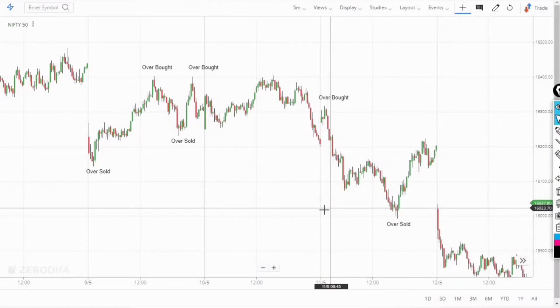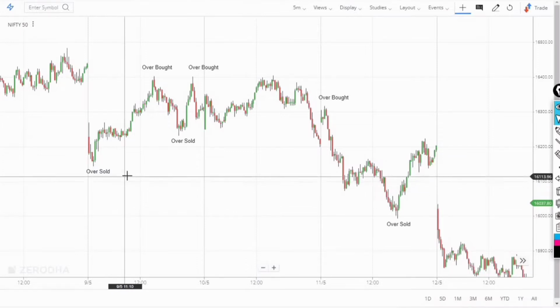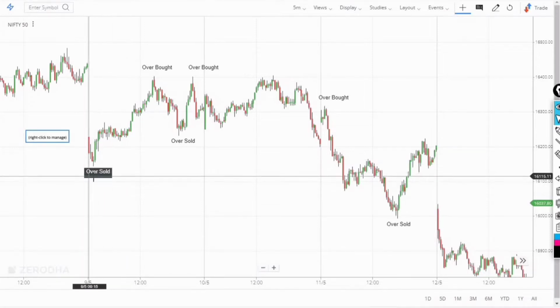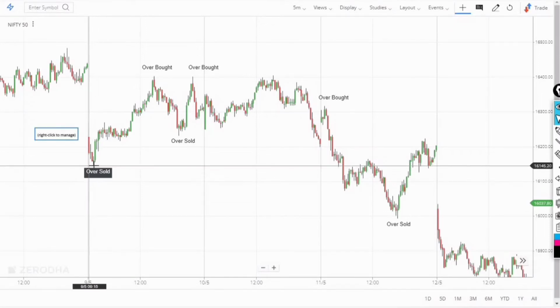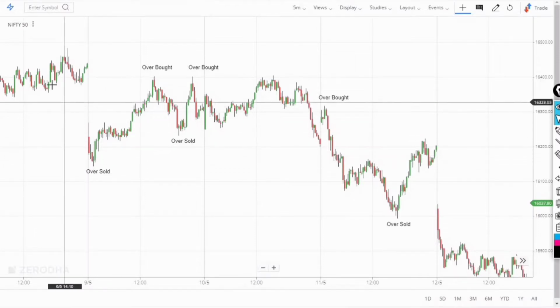Here on the graph, you will be able to see oversold and overbought area and how price, or you can say the trend of that particular price, is going to change. So as I said, here it is oversold area. So here buyers come into the picture and start to buy that particular stock as that particular price has decreased.